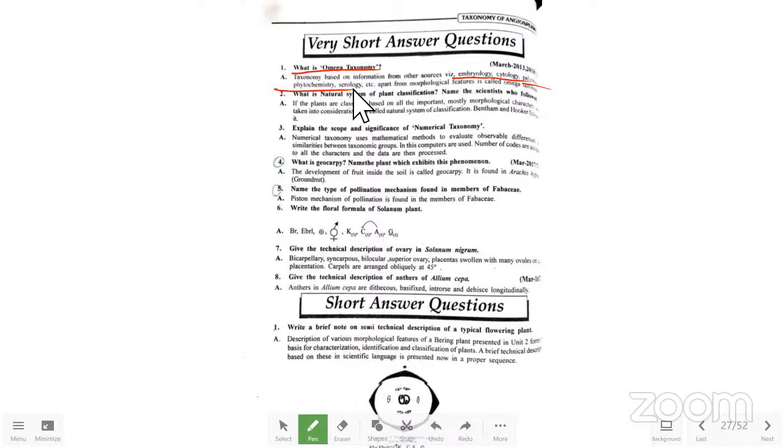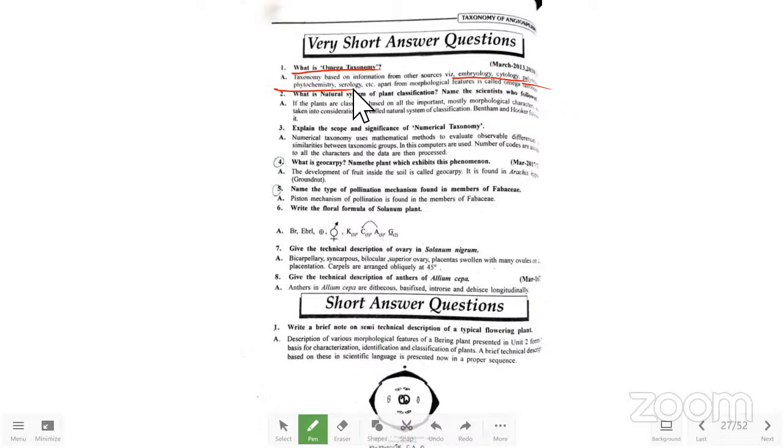In simple words, when plants are classified according to their embryo formation, their cytology, the pigments present in them, and the phytochemistry, that is the chemicals present in the plant body, along with the morphological characters, it is called omega taxonomy. You can use simple words.